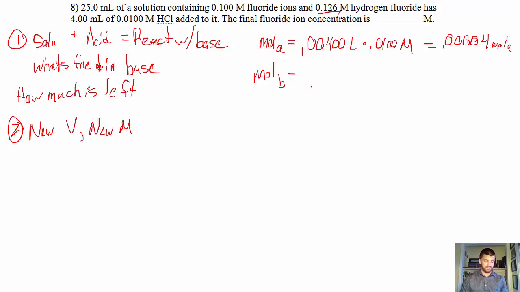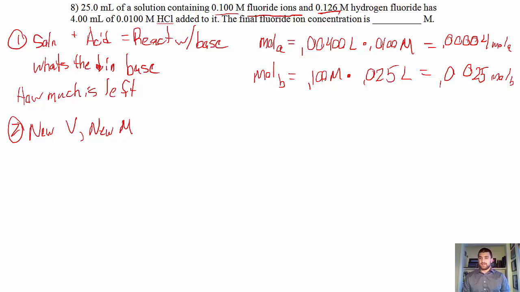I'm sorry, so we're looking at the amount of base that was there. So the base is the fluoride ion. Well, we had 0.100 molar times the volume, which was 0.025 liters, and we get 0.0025 moles of our base.